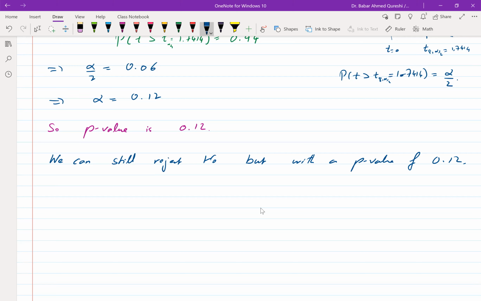And the person who is reading it, they can draw whatever conclusion they can draw from here. So they will conclude, well, there is evidence in favor of rejecting this claim that the mean is 20, but the evidence is not very strong. Why? Because p-value is not small enough. So evidence for rejecting H naught is not strong.